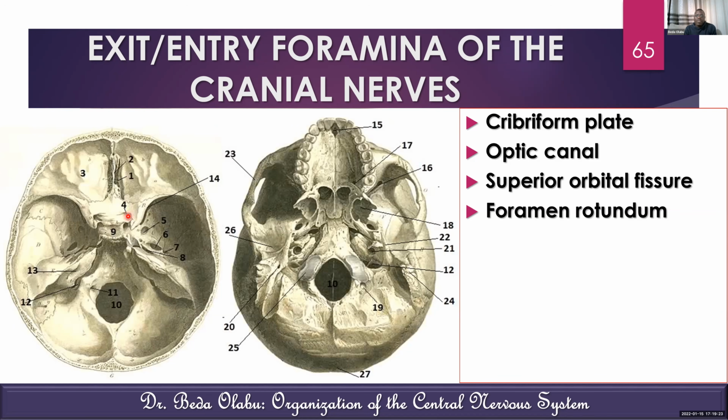They take neurovasculature to the orbit. Behind the rotundum, posterolaterally, we have the foramen ovale, oval foramen, labeled 6, for passage of the V3 nerve, the mandibular division of the trigeminal nerve. So that is foramen ovale. We can also see it here.